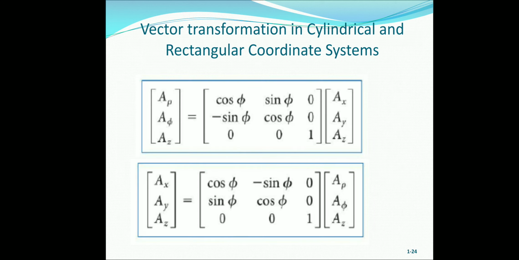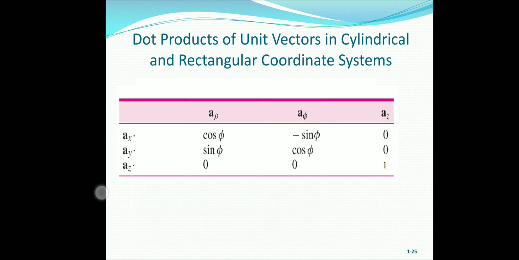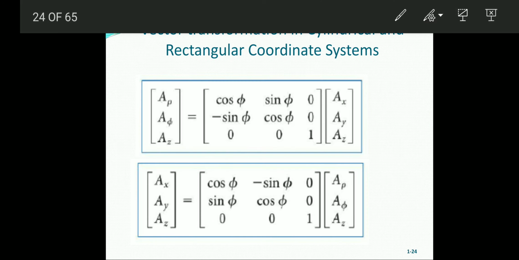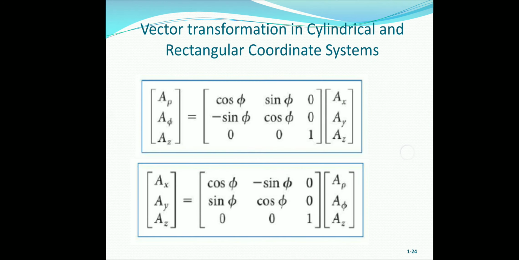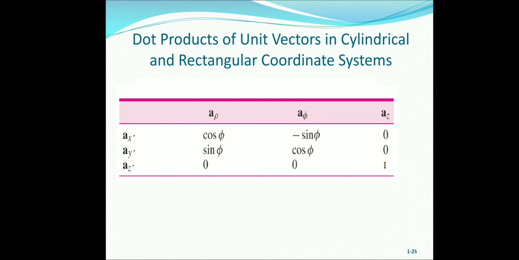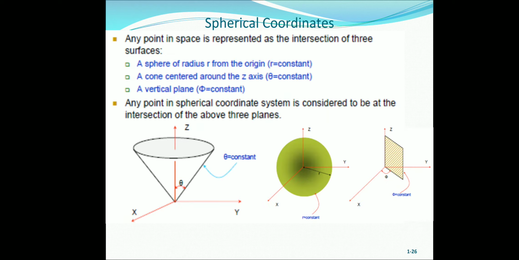So this is the same as the vector transformation. You can see this second equation is similar to the first equation. So you can study either of these transformations to obtain the conversion from one coordinate system to another. And the next coordinate system, the spherical coordinate system, we can study in the next video.